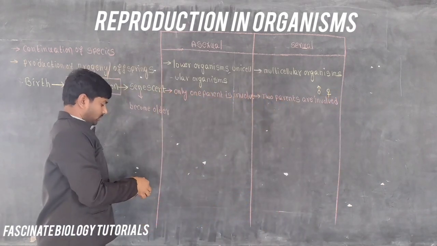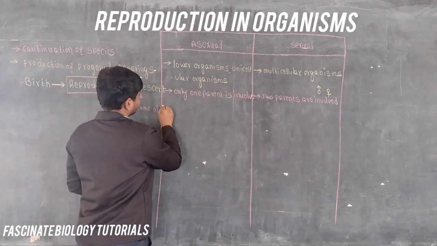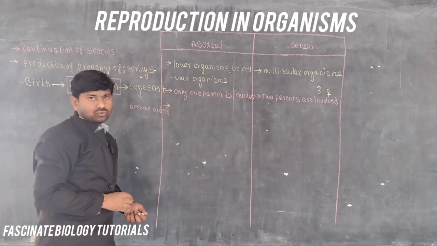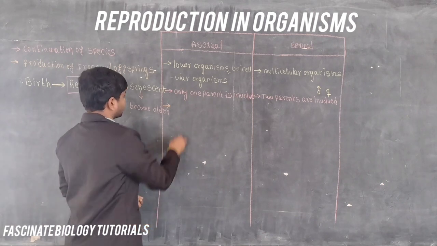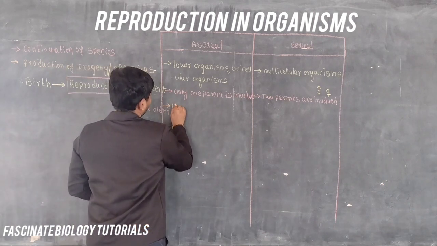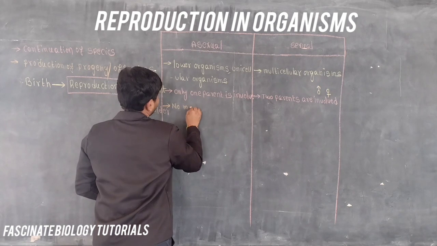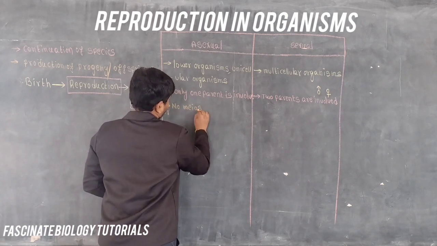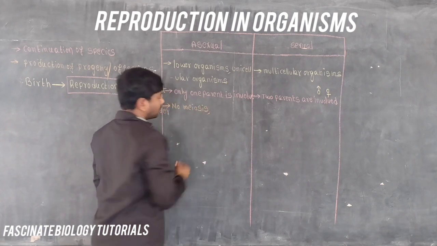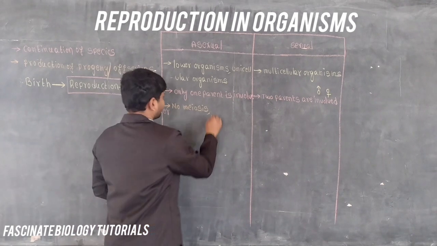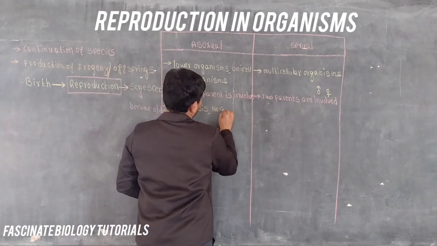In asexual reproduction, there is no zygote formation, no meiosis, and no gametes.